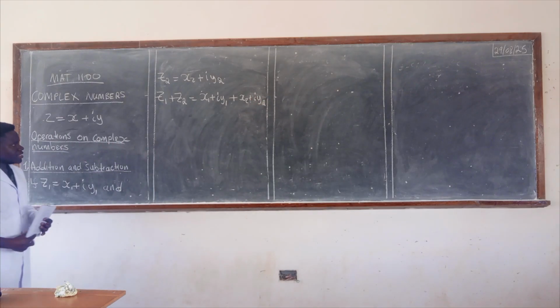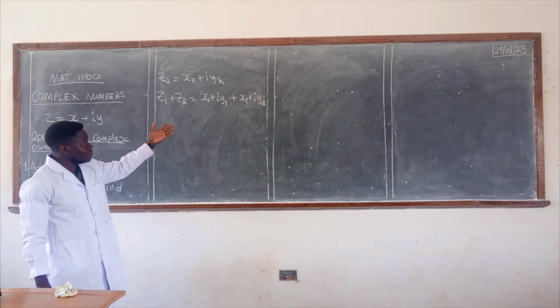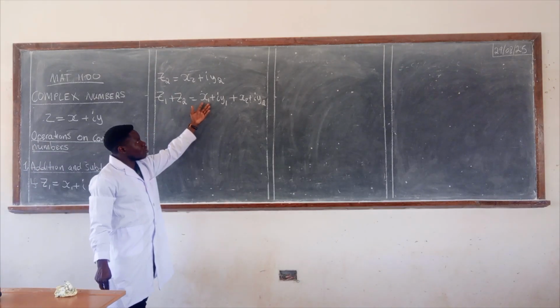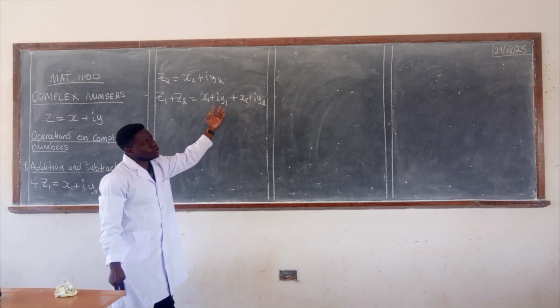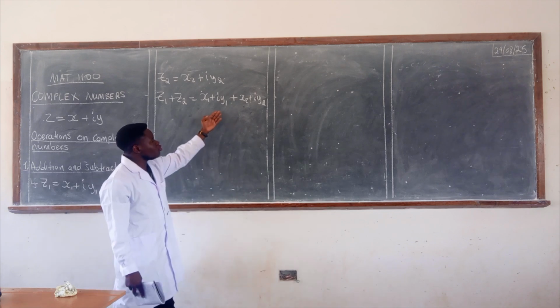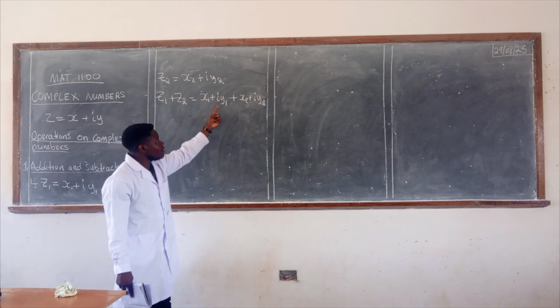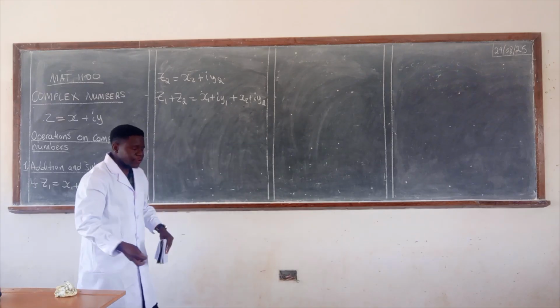Whenever we're adding two complex numbers, we have to collect the like terms. Here we have x1 and x2, which are the real parts of the complex numbers, so we group them together. We also group the imaginary parts, iy1 and iy2.